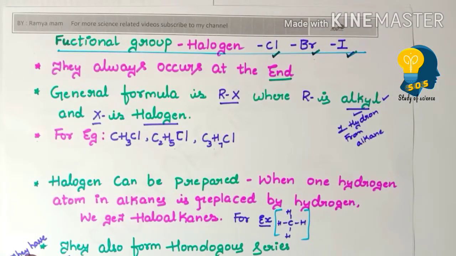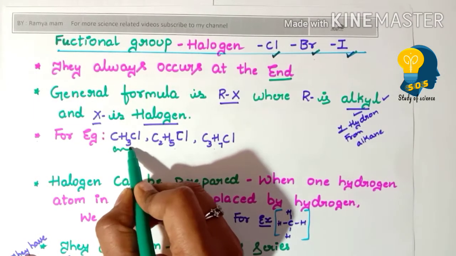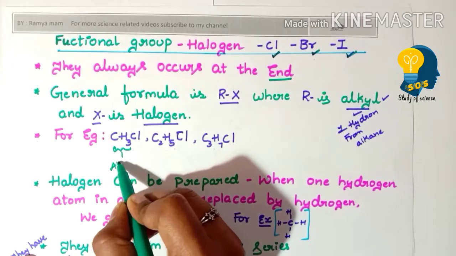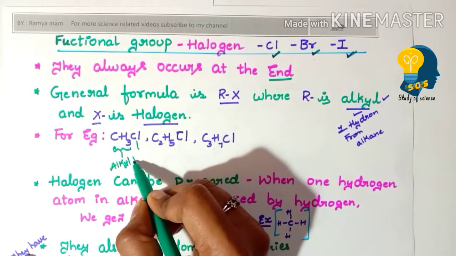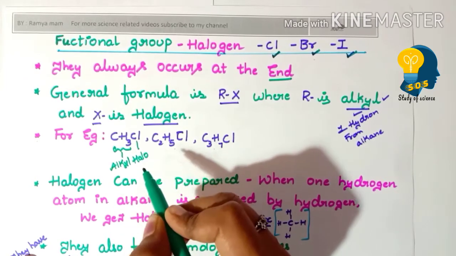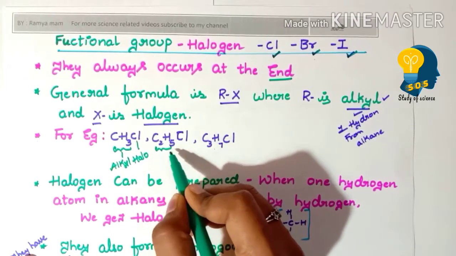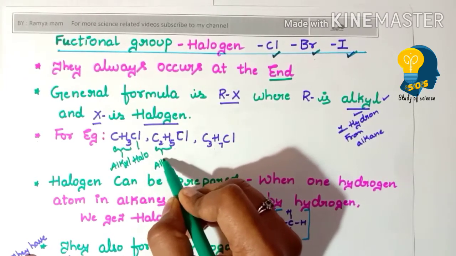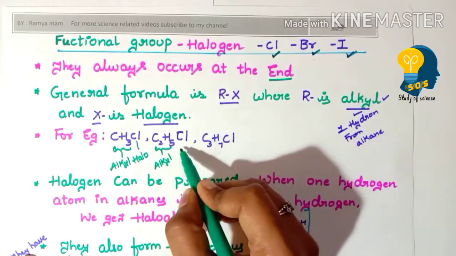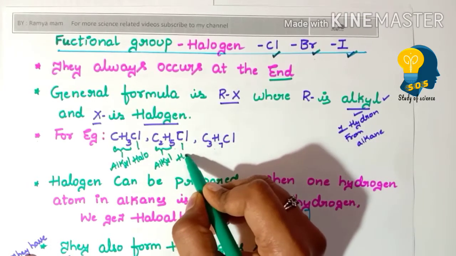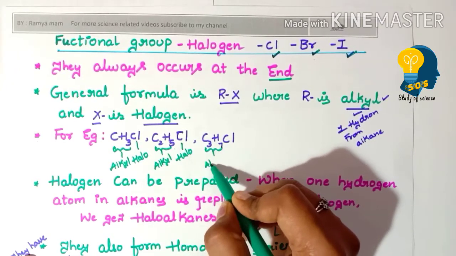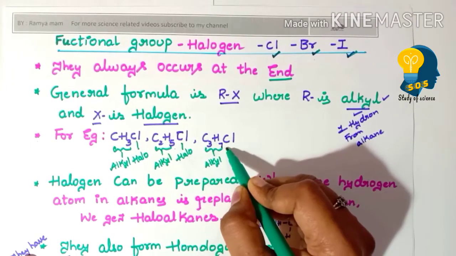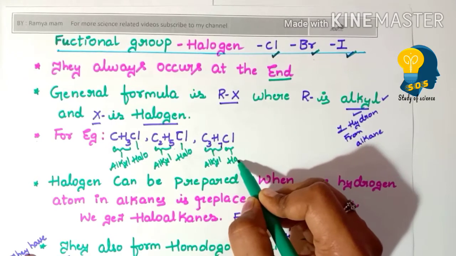If you observe here, CH3 is alkyl, and Cl is the halo group. C2H5 again is also alkyl, and Cl is the halo group. Again C3H7 is also alkyl and Cl is our halo group.